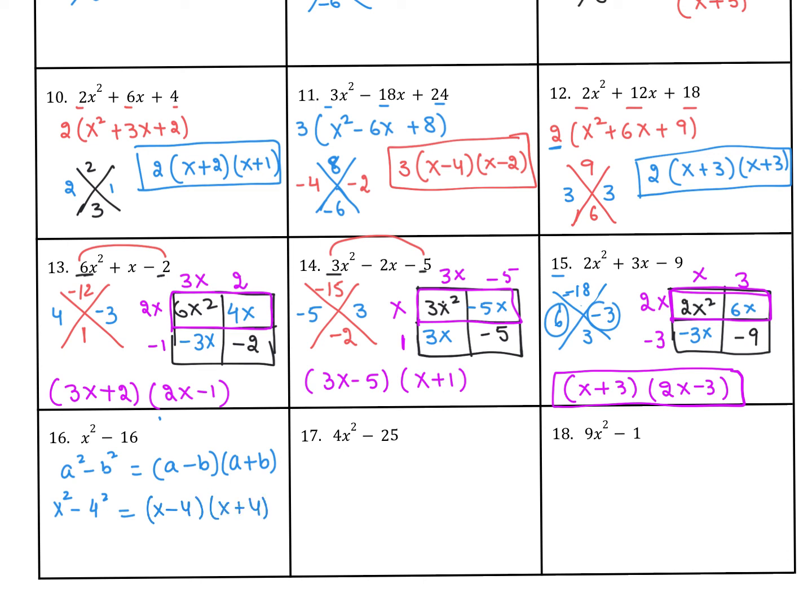For number 17, write this 4x squared as 2x squared minus 5 squared. So the answer is 2x minus 5, 2x plus 5. For number 18, 3x squared minus 1 squared equals 3x minus 1 times 3x plus 1.